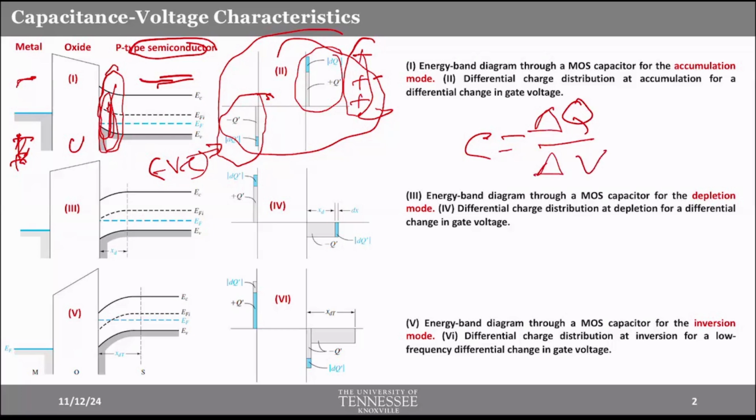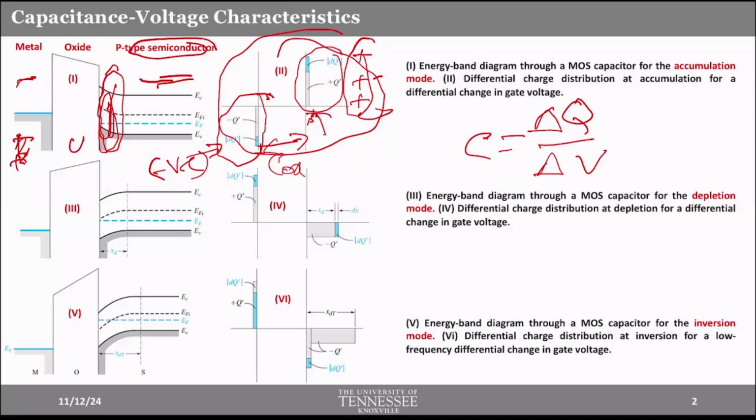We have a metallic region, we are changing the voltage, and with respect to that, the charge is also changing, so there is a capacitance. And what is this capacitance? It is basically the oxide capacitance, because we have an oxide layer that separates the semiconductor from the metal. So when you apply a negative voltage, there is an accumulation.